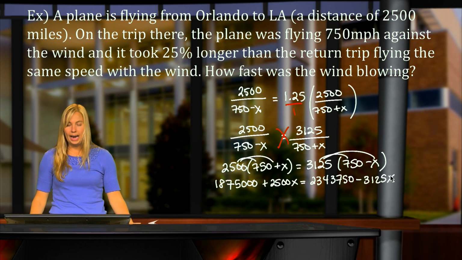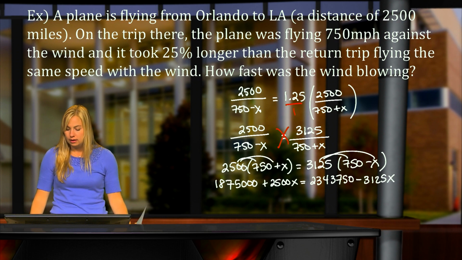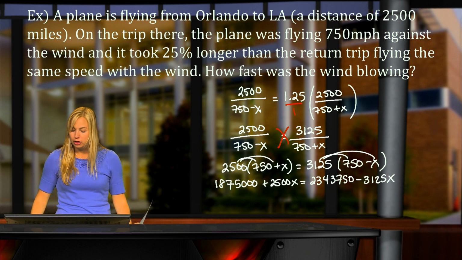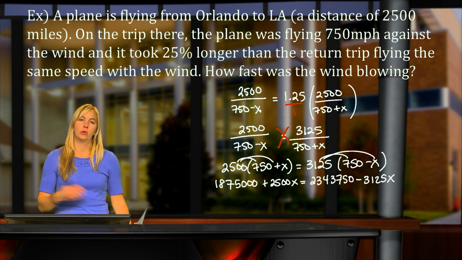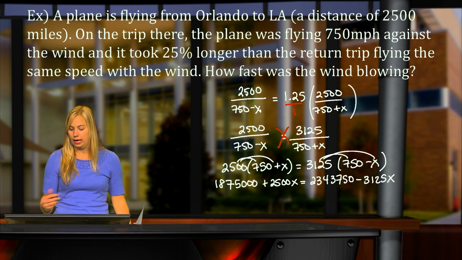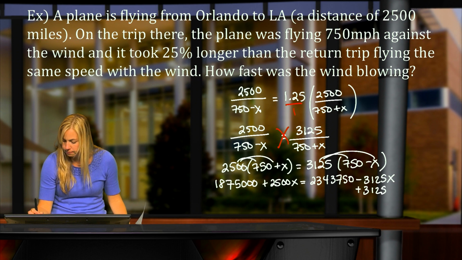So we get 1,875,000 plus 2,500x equals 2,343,750 minus 3,125x. Now we're just combining like terms on the left and the right hand side of the equal sign, starting with our variable terms.